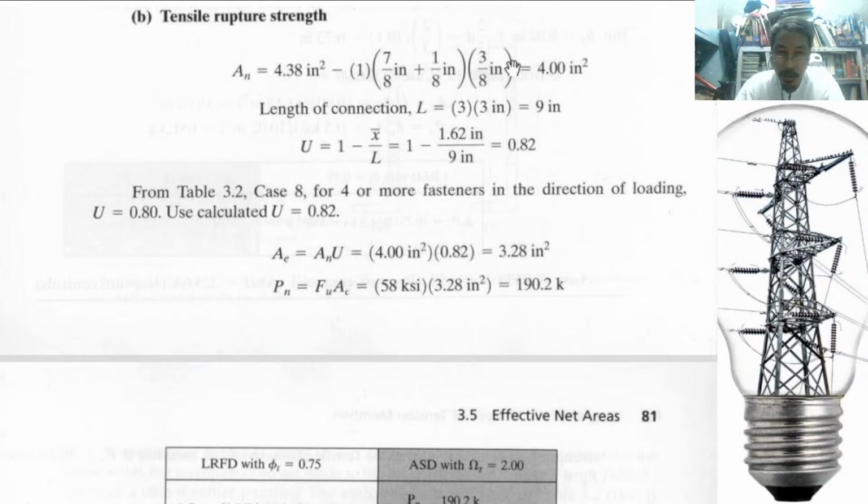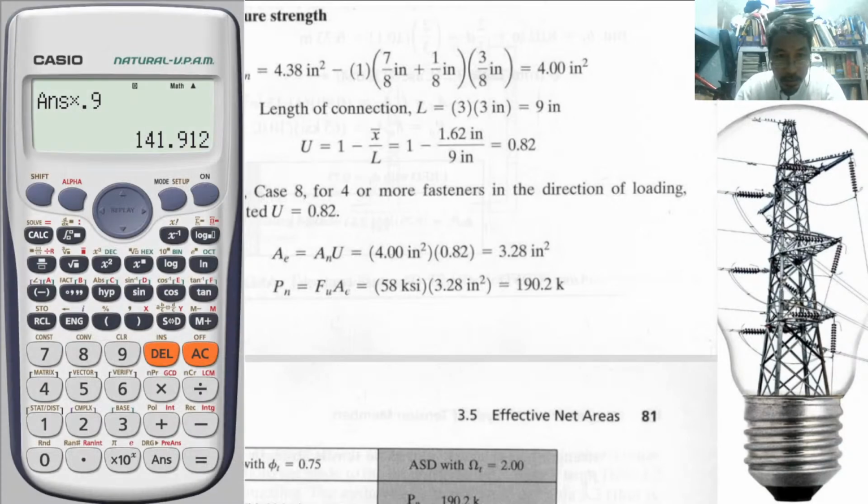Okay? So you can check if this is correct. So let us check it out using our Casio calculator. So let us use the gross area.